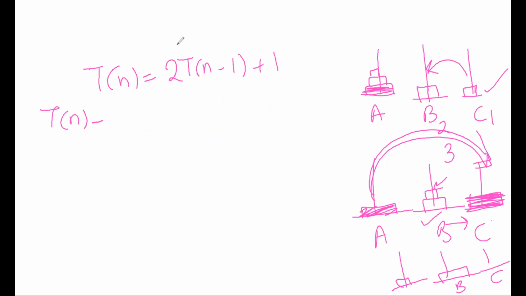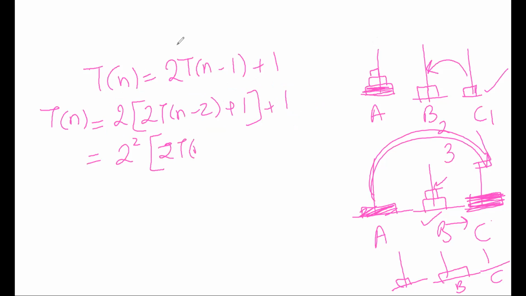So I will replace Tn minus 1 with twice Tn minus 2 plus 1, plus 1. So 2 squared Tn minus 2, where Tn minus 2 is twice Tn minus 3 plus 1. This 2 and this 1, this is 2, this is 1.